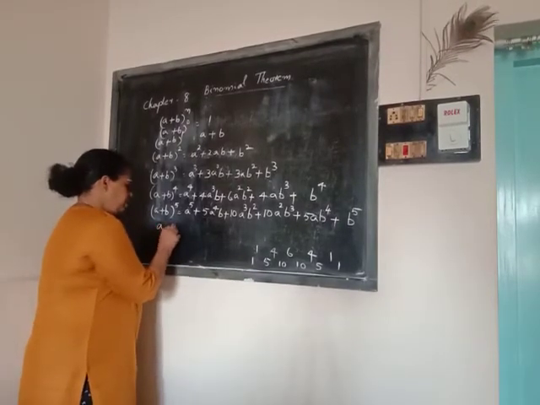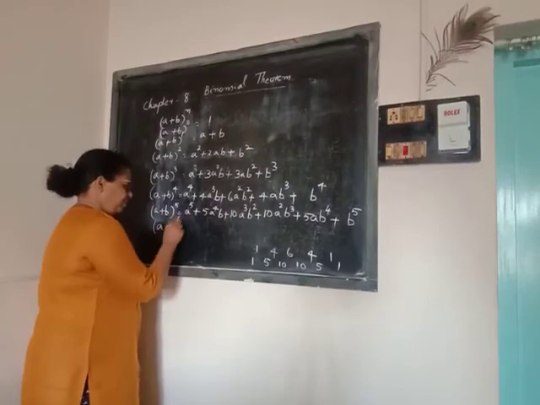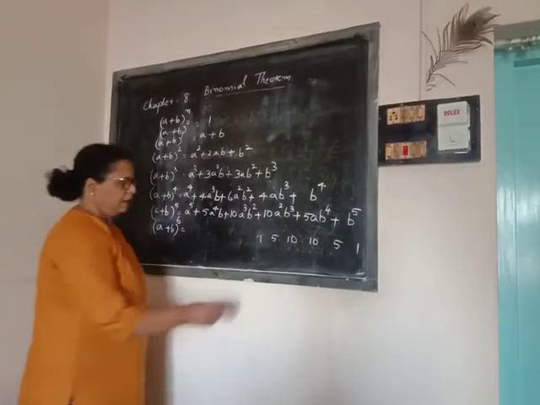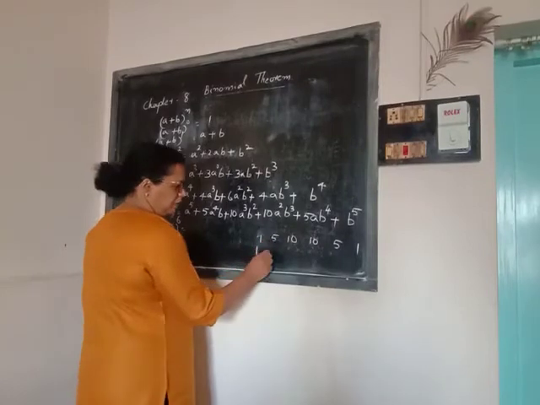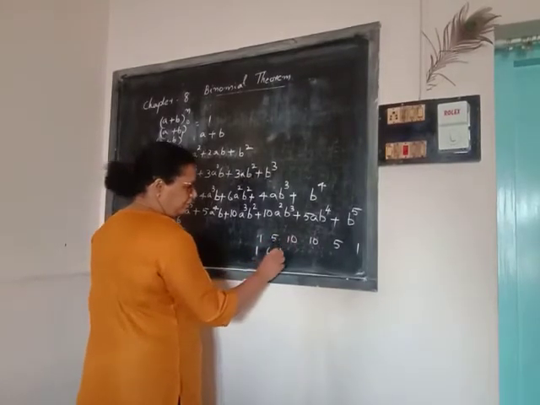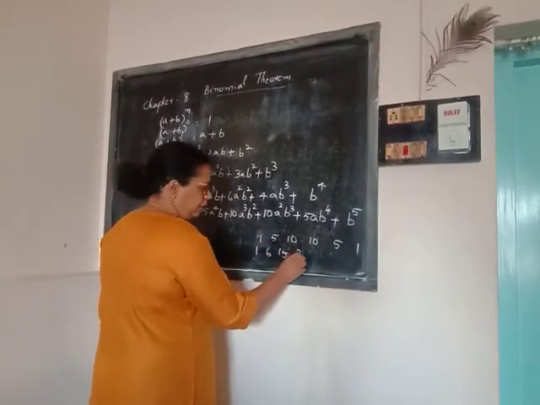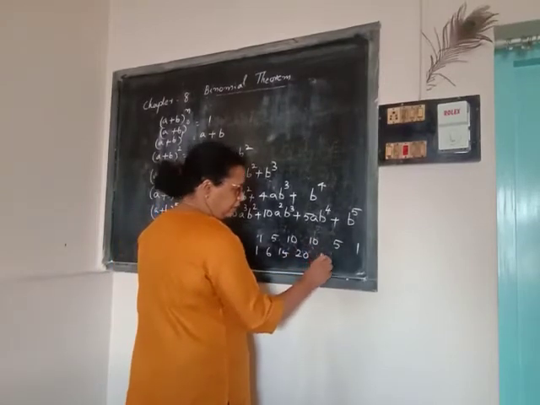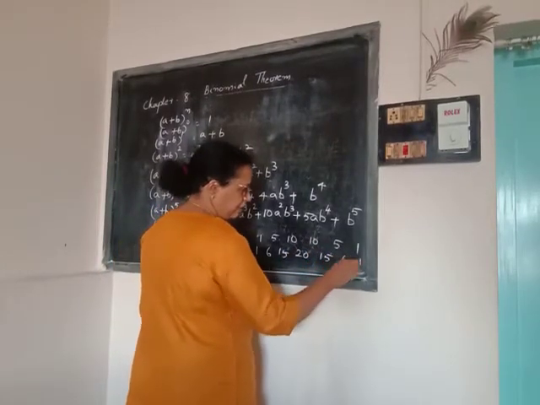A plus B whole raised to 6. Okay, let us write. This will be 1, 1 plus 5, 6, 5 plus 10, 15, 10 plus 10, 20, 10 plus 5, 15, 5 plus 1, 6, then again 1.